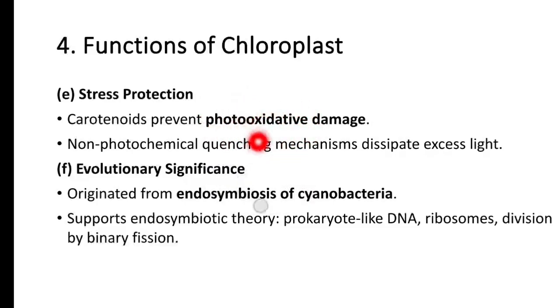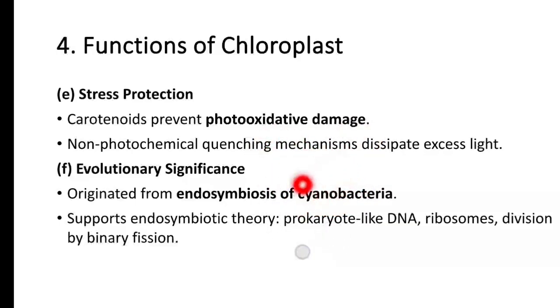Whenever plants have oxidative stress, it is maintained or regulated by the chloroplast. And we have also discussed earlier the endosymbiosis theory, regarding cyanobacteria being accidentally engulfed by the plant system. That is the endosymbiotic theory.